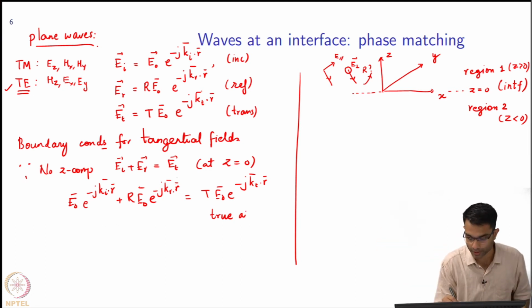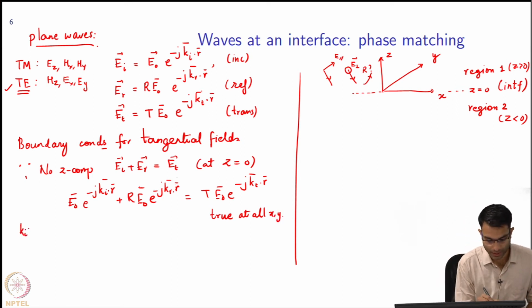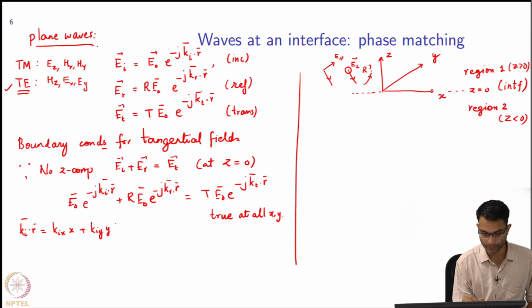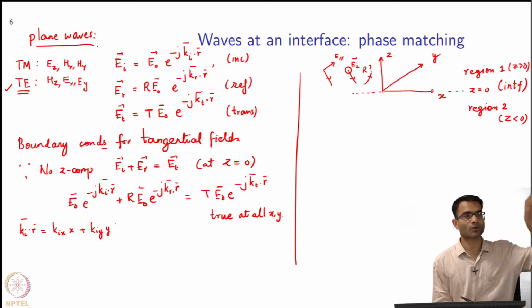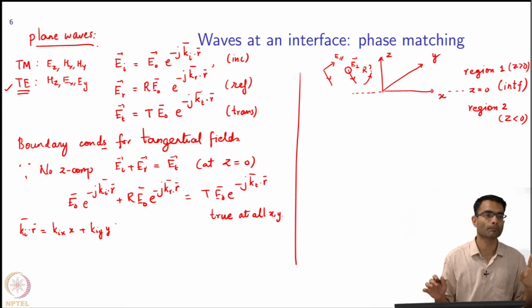So, this should be true at all xy, and you notice that this ki dot r is going to have terms like kix x plus kiy y, and these phasors are rotating in phase space, and this expression should be true always.